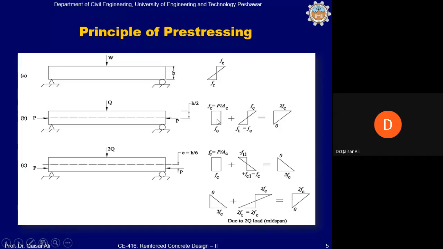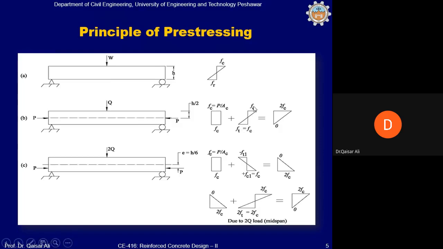And at the mid-span, we know that Fc and Ft will be maximum. So Fc and Ft at the mid-span, due to the load Q, are added to this. Fc and Ft will be equal, as long as the beam is in the linear elastic range.